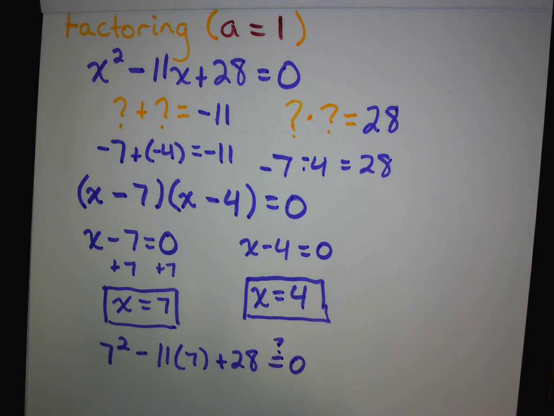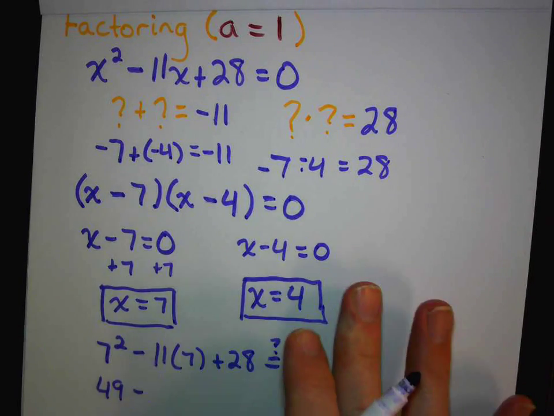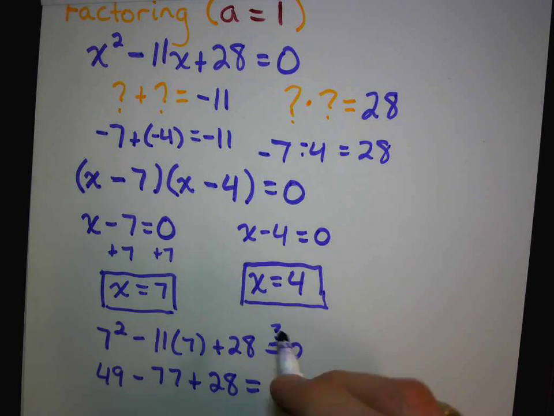And that gives me 49 minus 77 plus 28. And of course, if you need to, use a calculator, and you will find that that really does equal 0.